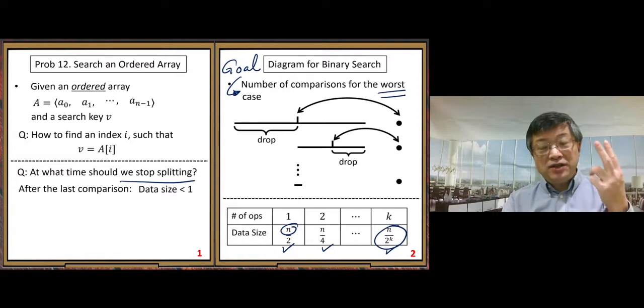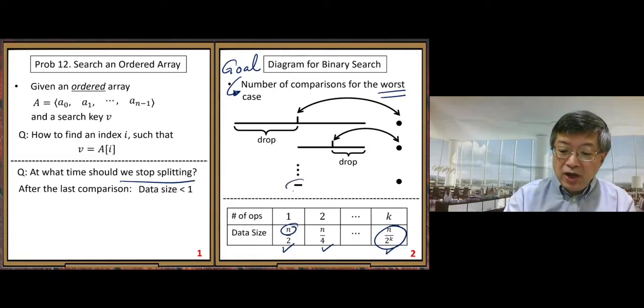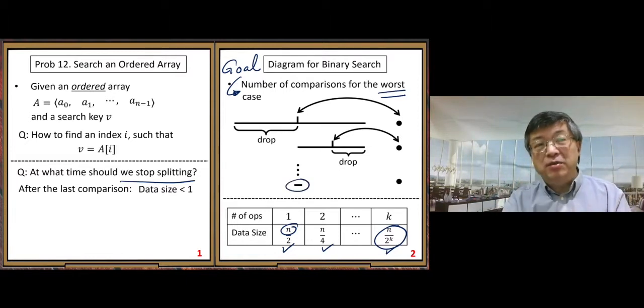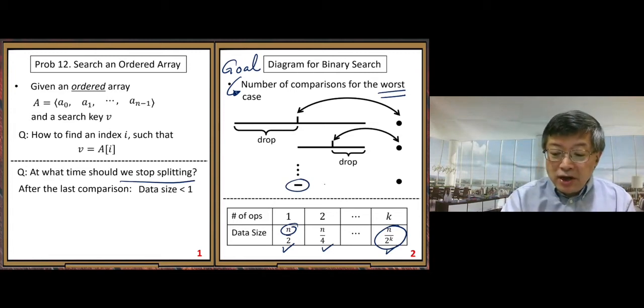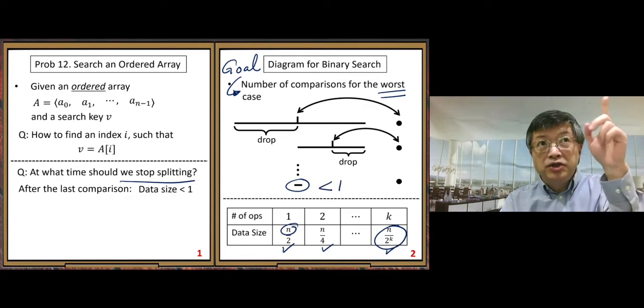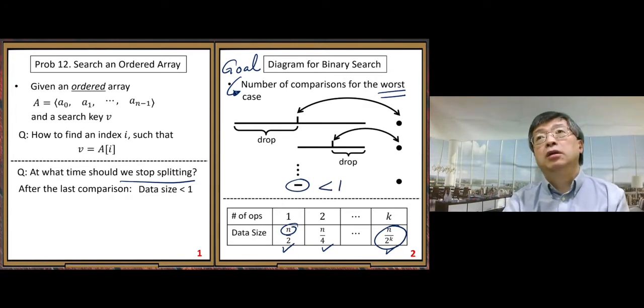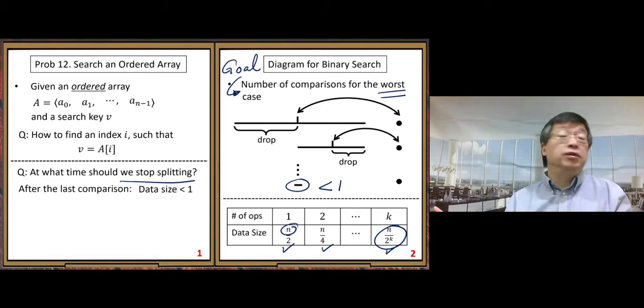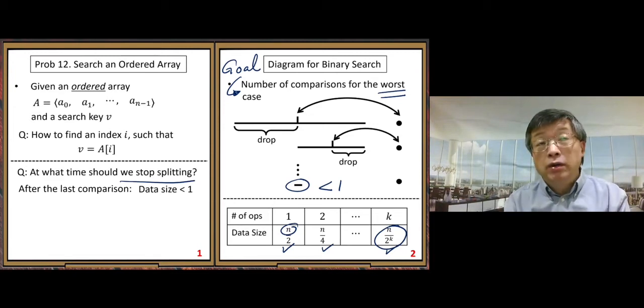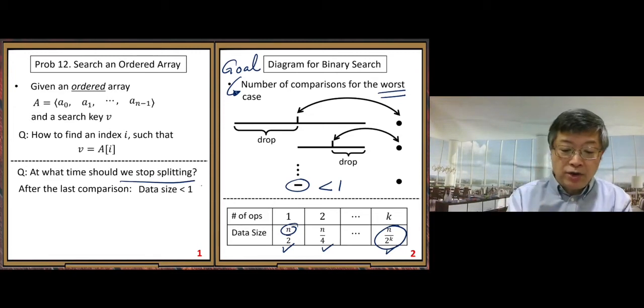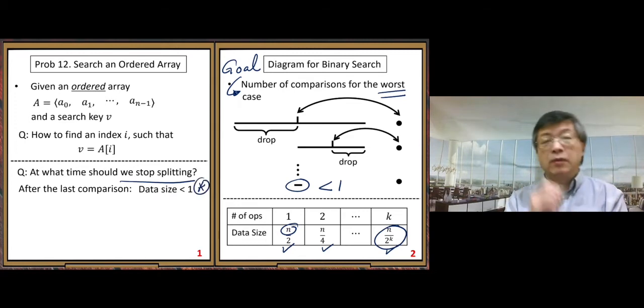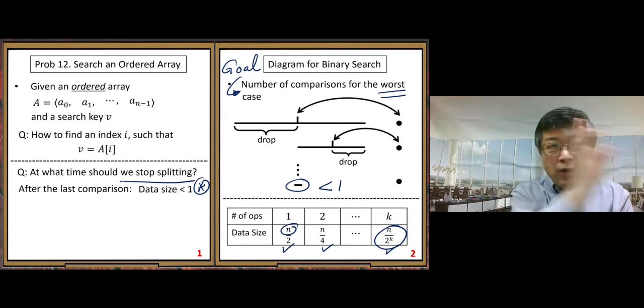The data size here is the length of the line segment. If the length of the line segment is less than 1, it can cover at most 1 element, so you do not need to split it anymore. That's the critical condition for our decision.